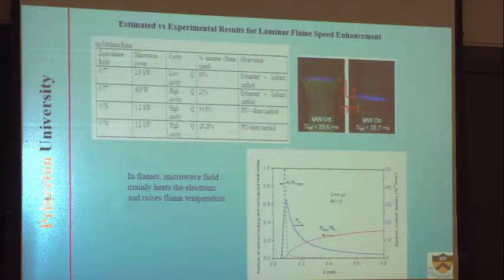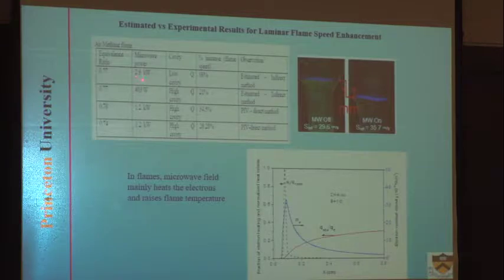If you look at the literature data, there are a lot of measurements of methane-air flames. It's lean, at let's say equivalence ratio 0.7. You put in microwaves, 2.6 kilowatts, 400 watts, 1 kilowatt level, in a high Q cavity.